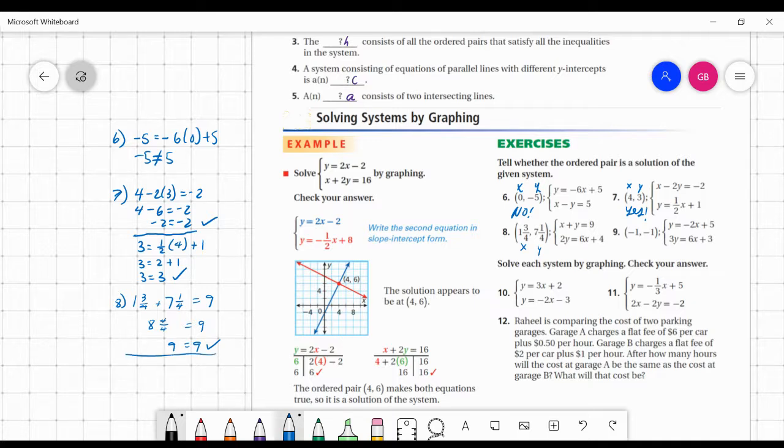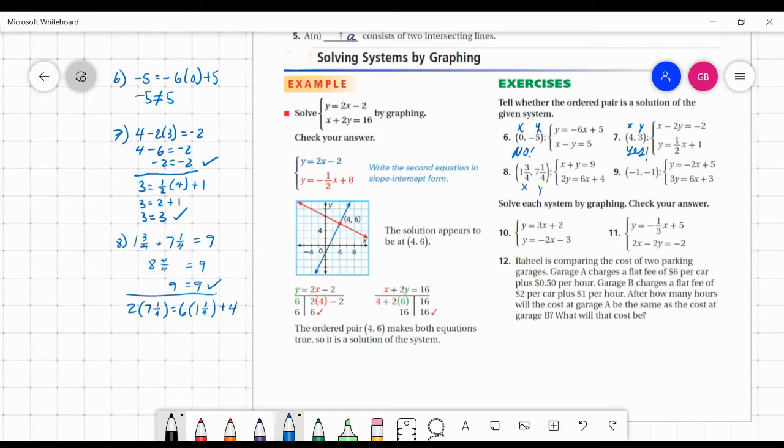Let's see if it works for the second equation. 2 times 7 and 1/4 is equal to 6 times 1 and 3/4 plus 4. If it helps, you could change it to a decimal. It might help out. So it's actually 2 times 7.25 is equal to 6 times 1.75.